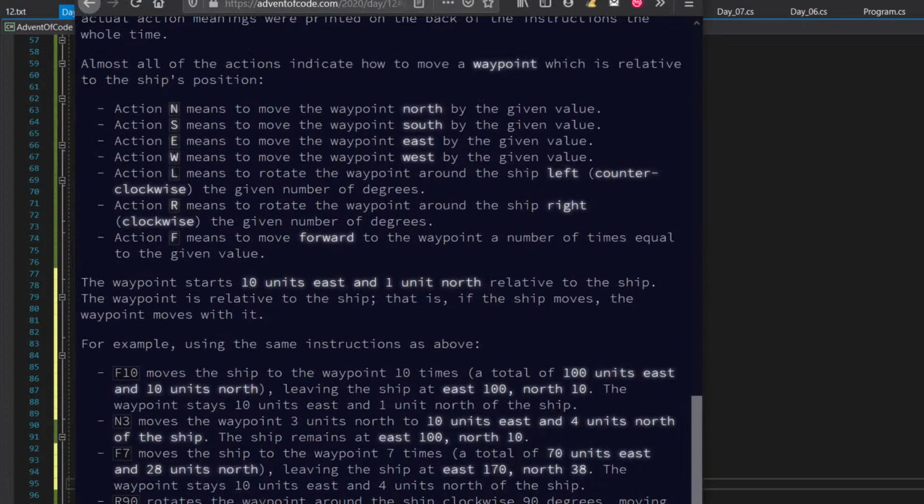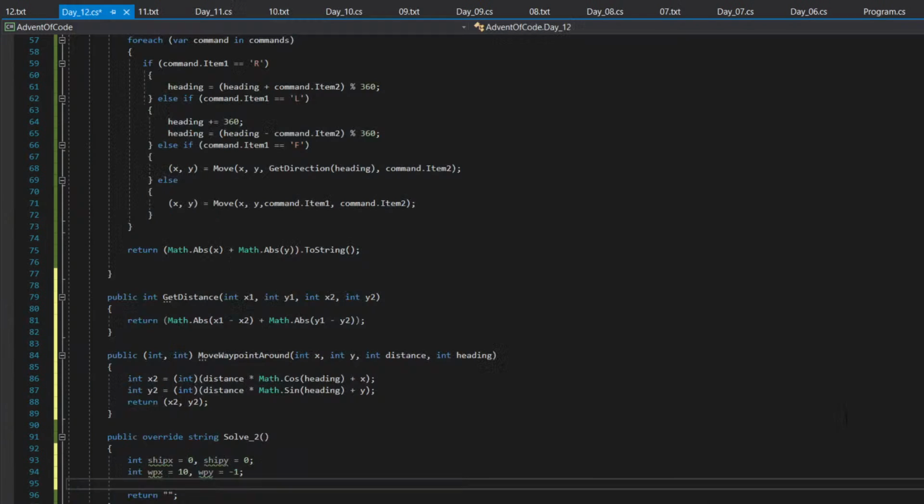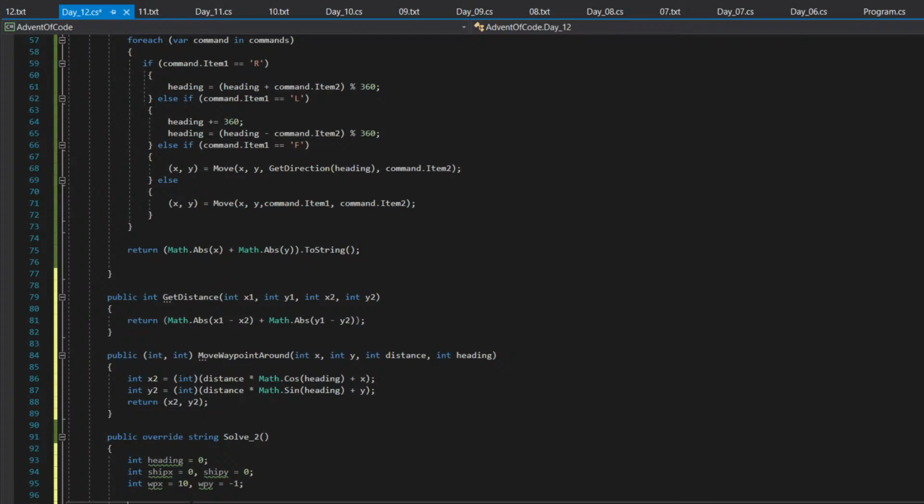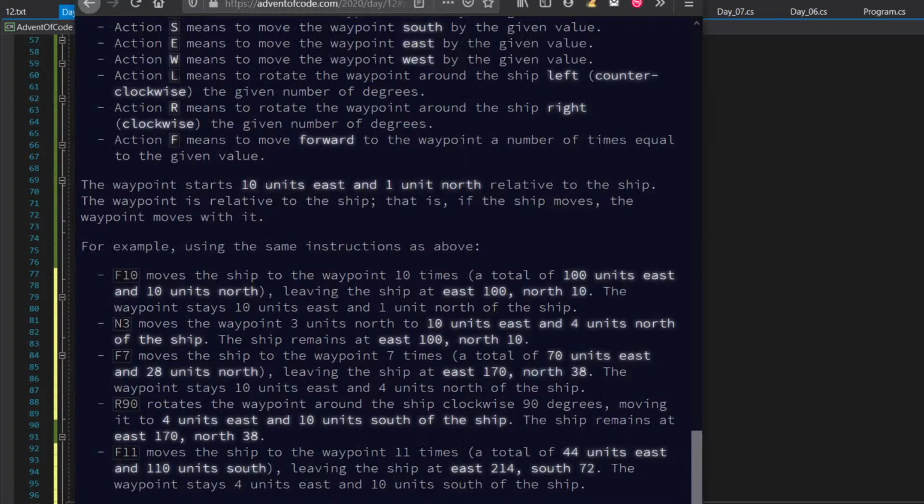All right, and so let's start eating through our, well, we also need a heading. So I guess we're going to be facing east still.